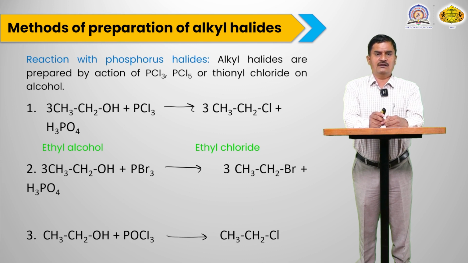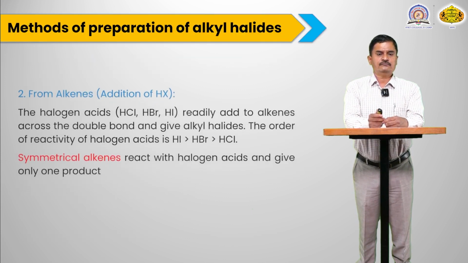So phosphorus halides means phosphorus in presence of halogen, or PCl5 or PCl3 or POCl3, all these reagents containing a phosphorus atom. So alcohols easily react with PCl5, POCl3, SOCl2 and easily convert into the corresponding alkyl halides. So this is one of the good methods for the synthesis of alkyl halides.